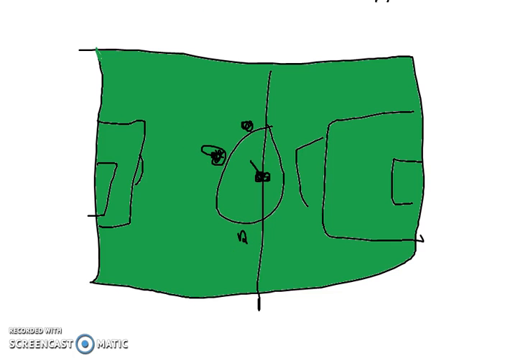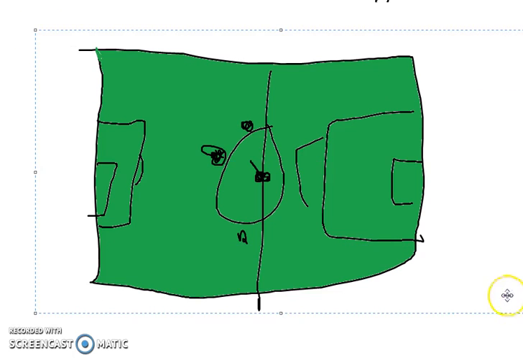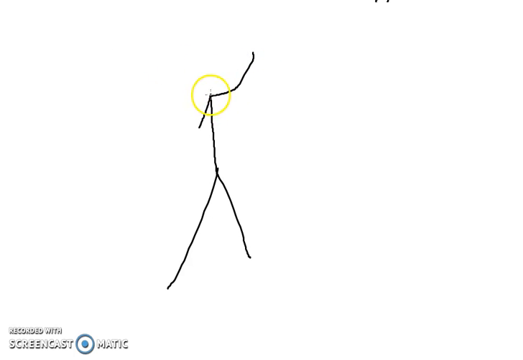Now, if I'm a referee and you attack someone, if you foul somebody, and I think it's super bad, there's yellow cards. There's two different cards.